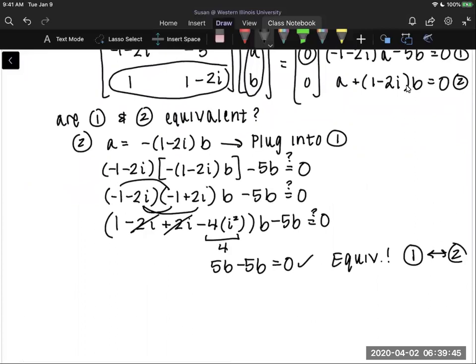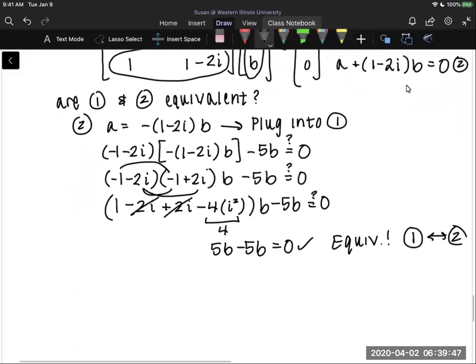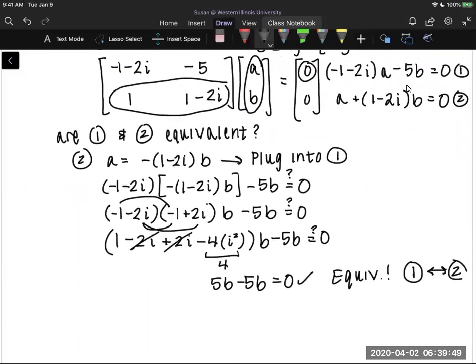So from here, this means pick whichever one you would like to work with, whether it's number 1 or number 2. Since we've already started working with number 2, let's work with that one. And so what I had here was a equals negative 1 minus 2i b.